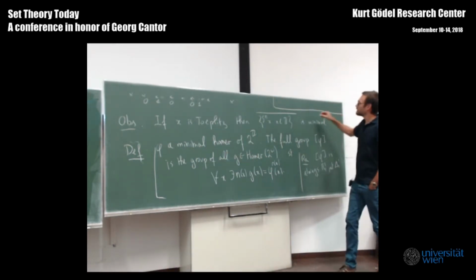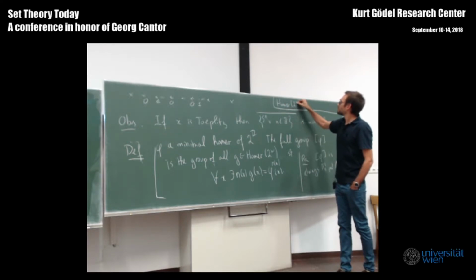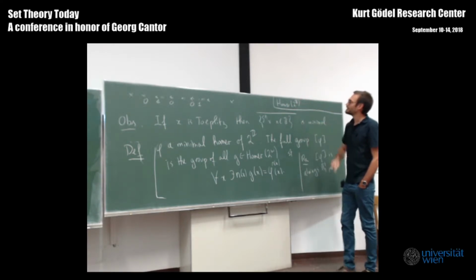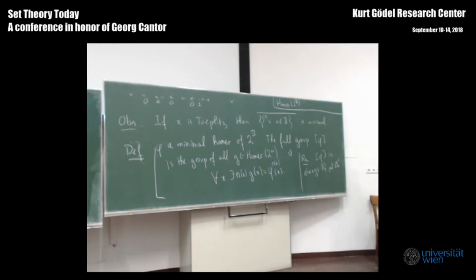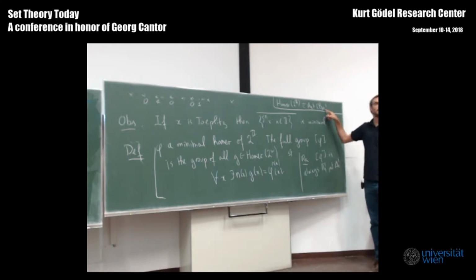If you look at the homeomorphism group of the Cantor space, I said I would use Z. This is a Polish group, right? And the right way to think about the topology is that this is the same thing as automorphisms of the countable atomless Boolean algebra by Stone duality.